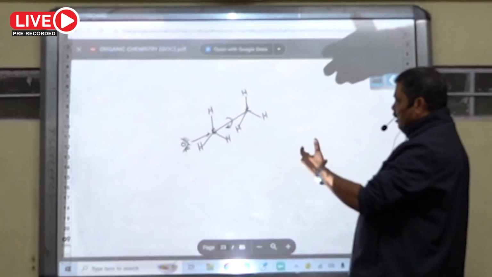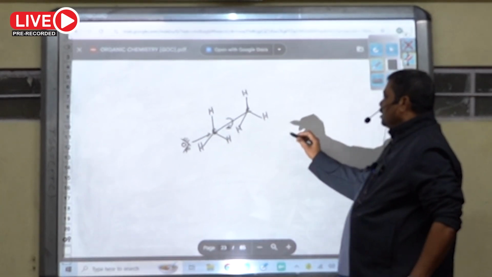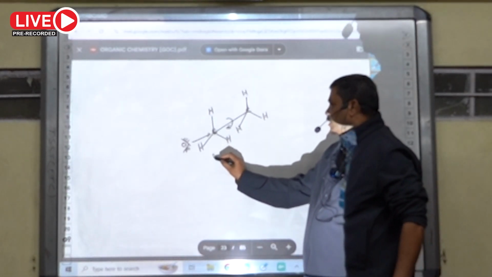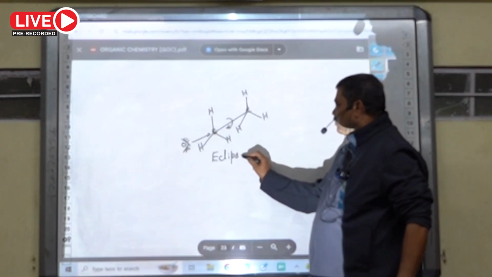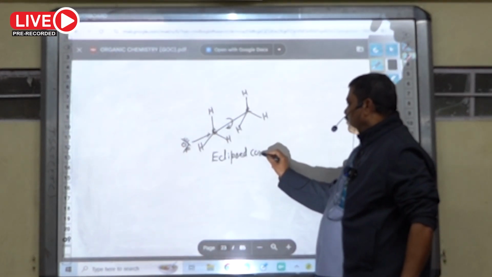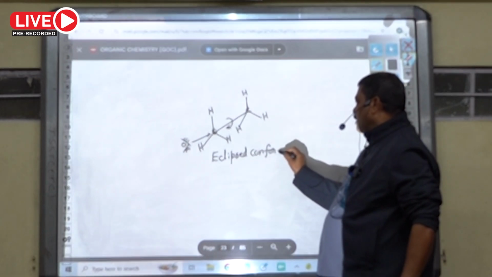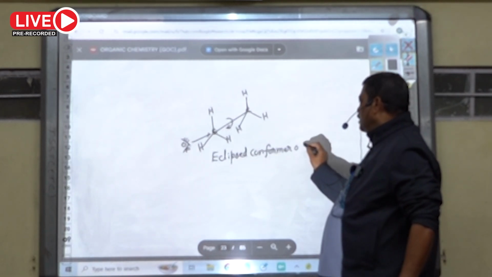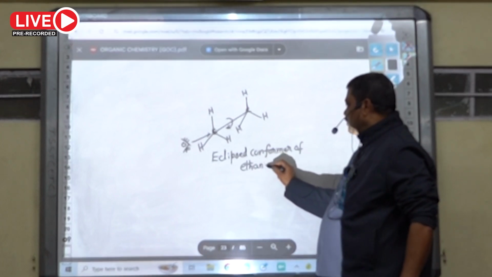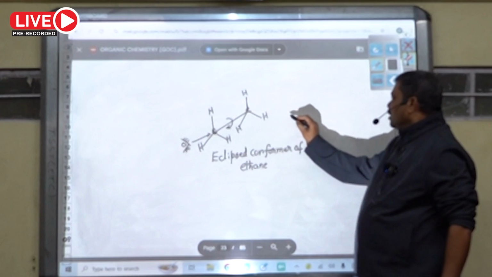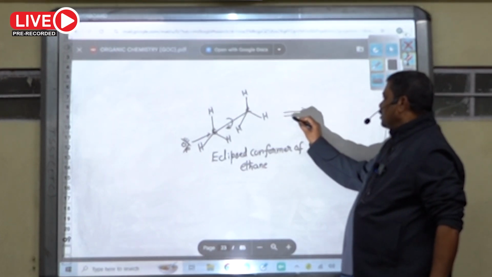This is the eclipsed conformer, and this is the conformer of ethane by 60 degrees rotation.